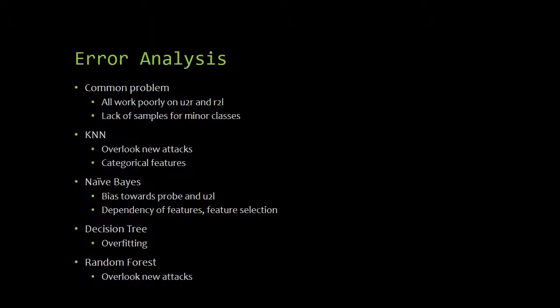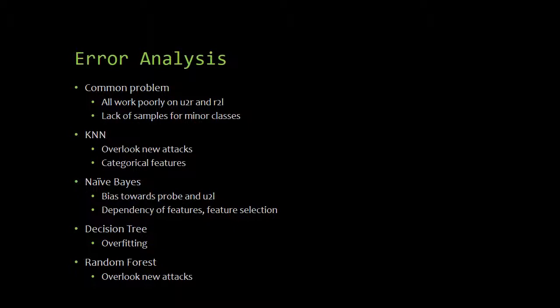For the KNN method, the result shows that it overlooked new attacks, and another problem is that the categorical features were changed directly to numeric features in my experiment, and the distance calculated based on these features didn't reflect the true distance among these records. And the naive Bayes result shows a strong bias towards probe and U2L.